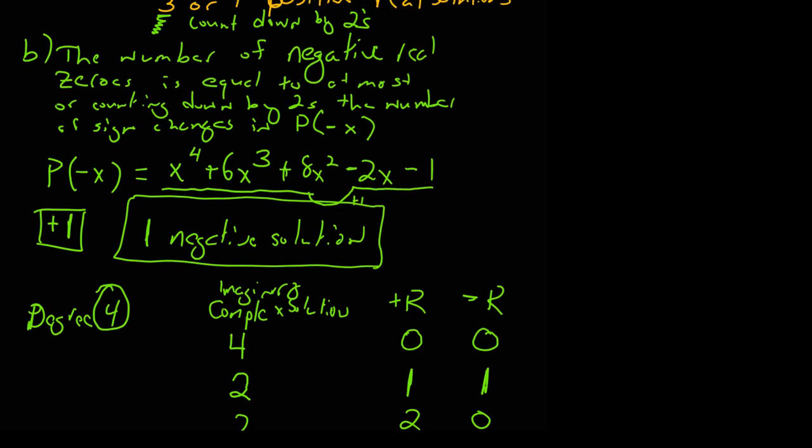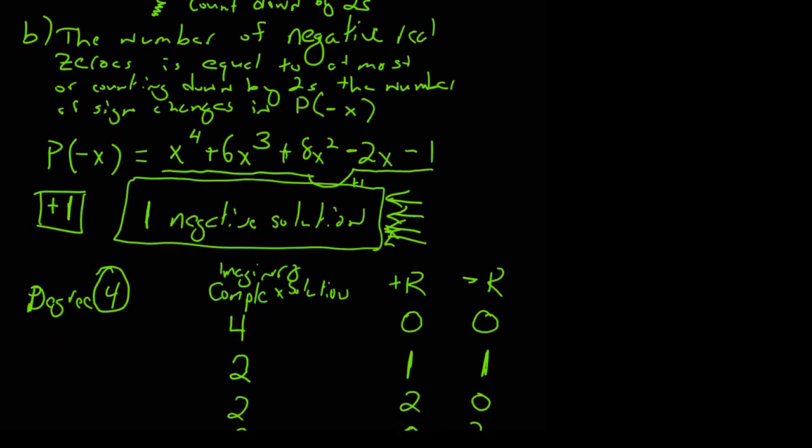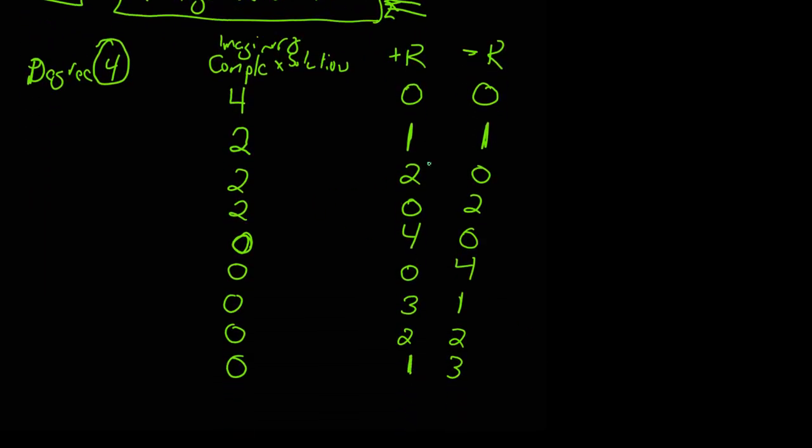But Descartes' rule of signs here said, hey, I definitely have 1 negative. Because this counts down by 2s, this doesn't say 0, it's 1. So I can only take the ones that have 1 negative. So I'm going to use red here. Well, that solution set isn't possible. That one is.